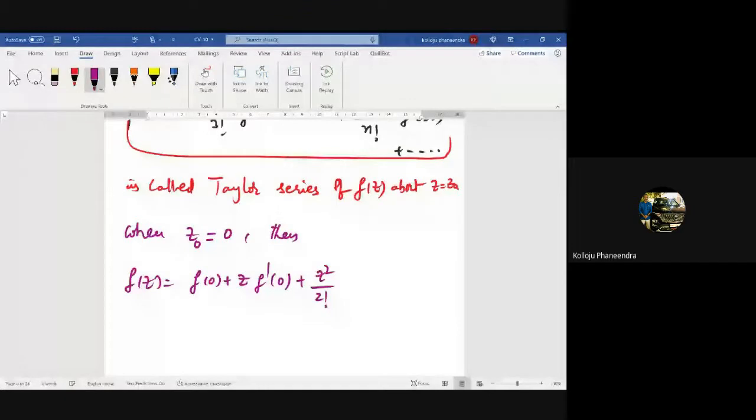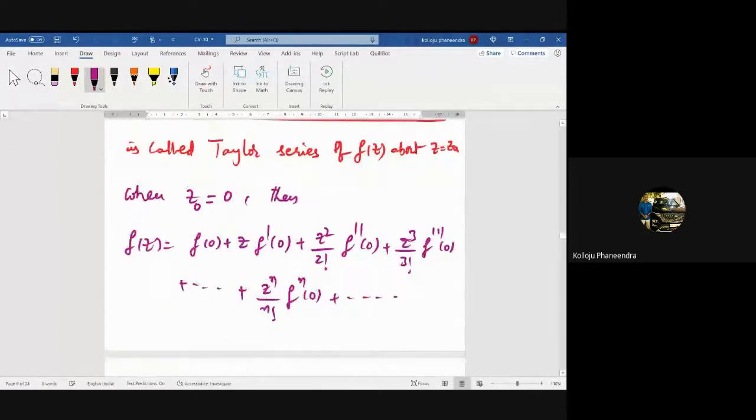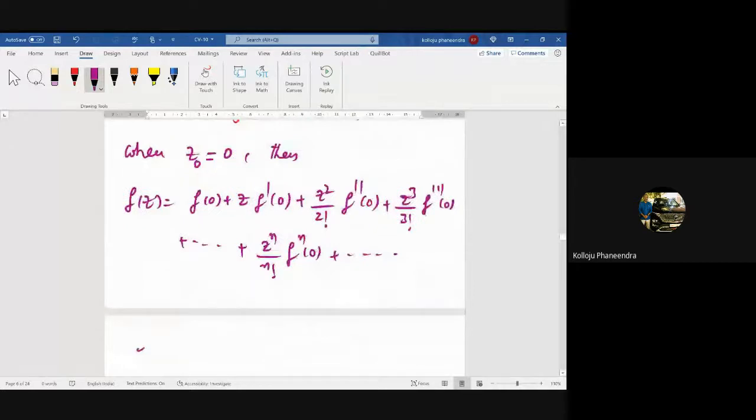Plus z squared by factorial 2 f double dash 0, z cube by factorial 3 f triple dash 0 and so on, z^n by n factorial f^(n) 0 and so on, is called the Maclaurin series of f of z about z equal to 0.